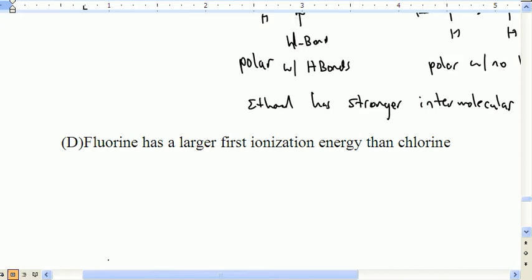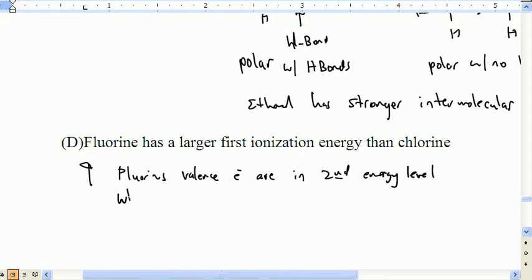So fluorine has a larger first ionization energy than that of chlorine. Ionization energy is how hard it is to remove an electron. Okay? So this is a vertical relationship. So fluorine's valence electrons are in the second energy level, while chlorine's are in the third.